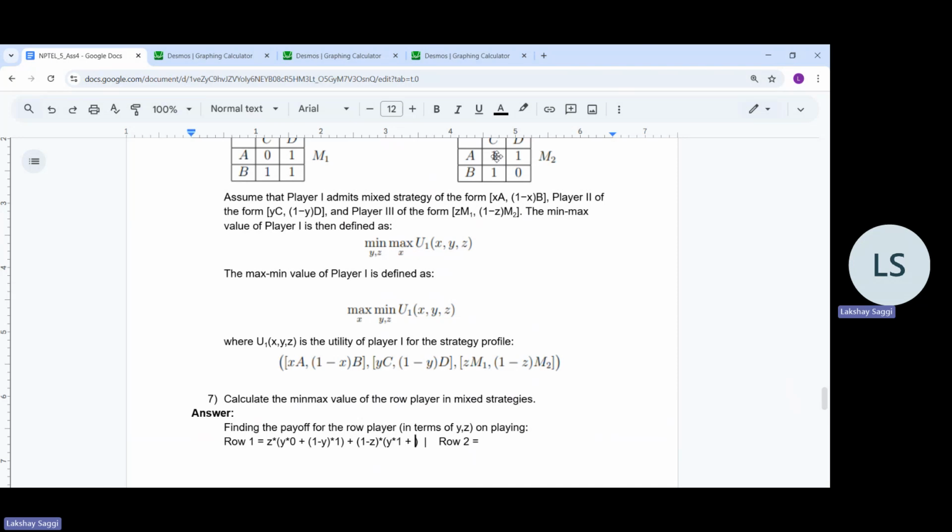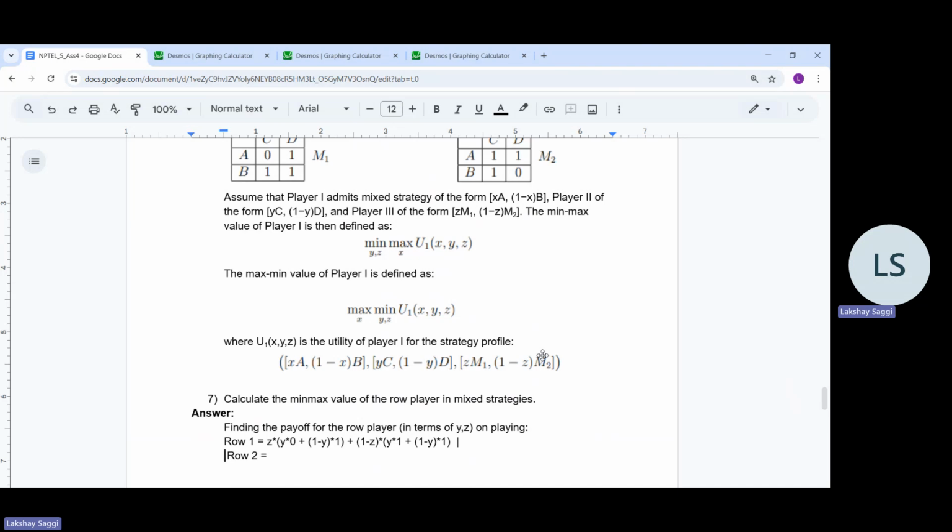And similarly, this entry is chosen with probability 1 minus y and the payoff is again 1. Right? So this essentially just becomes equal to 1. So this is when the row player is actually playing just row 1.